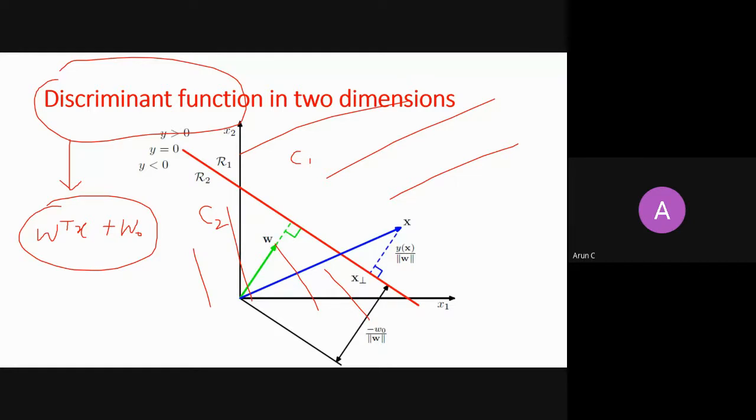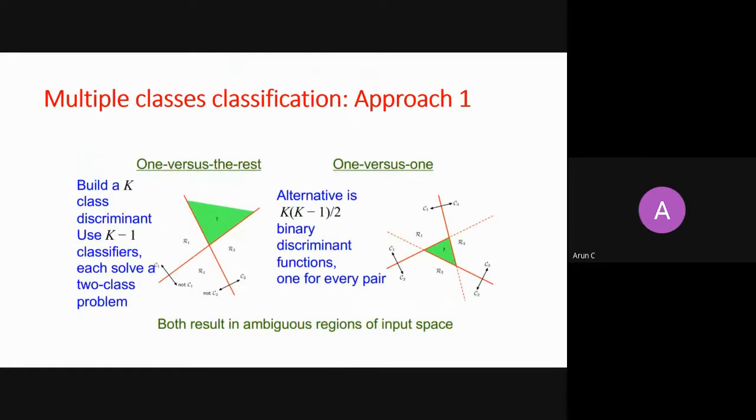Now the problem comes when you have more than two classes. There could be two approaches for a multi-class classification problem. Either you can form k minus 1 different classifiers. It is like this: C1, C2, and C3.